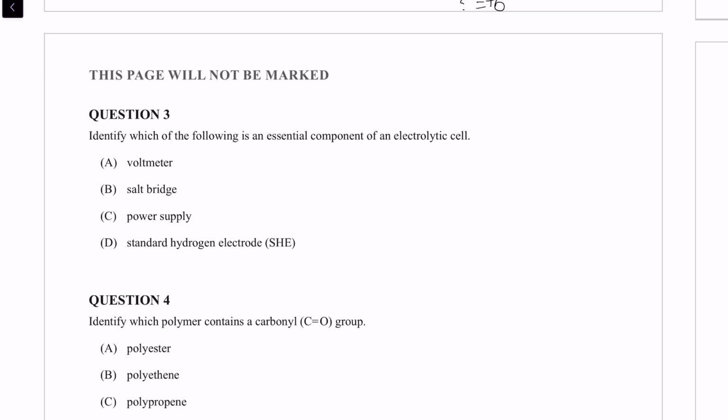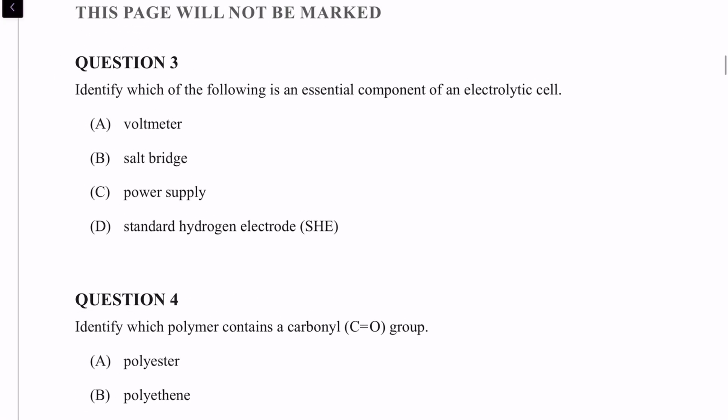So identify which of the following is an essential component of an electrolytic cell. So voltmeter, no, not really, because it measures the potential, but is it really an essential component for an electrolytic cell? Not really. It's just a measuring tool.